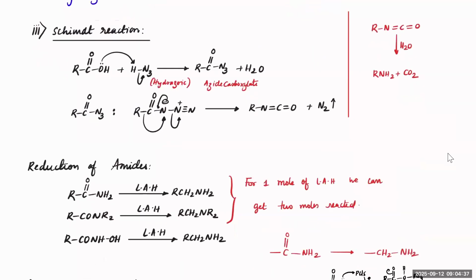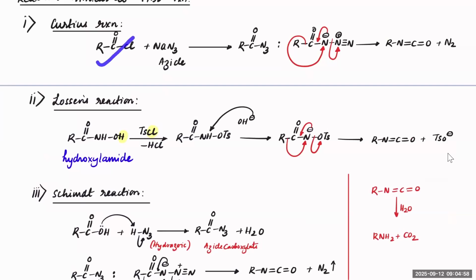The last one is the Schmidt reaction. Here also, the lone pair from the acid can take H plus, and this becomes a good leaving group. N3 minus will attack back and you'll get an azide carboxylate. This is the same as the Curtius reaction.